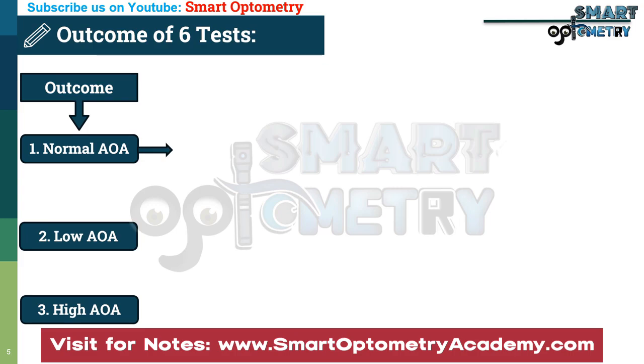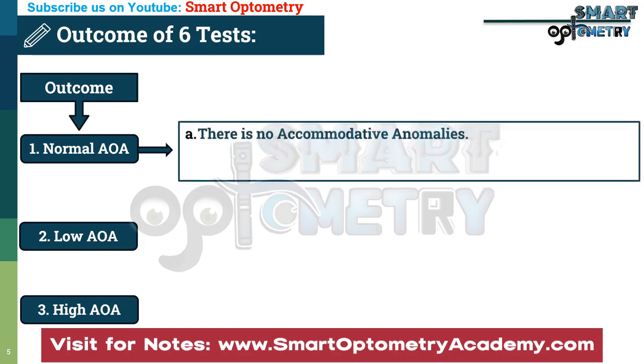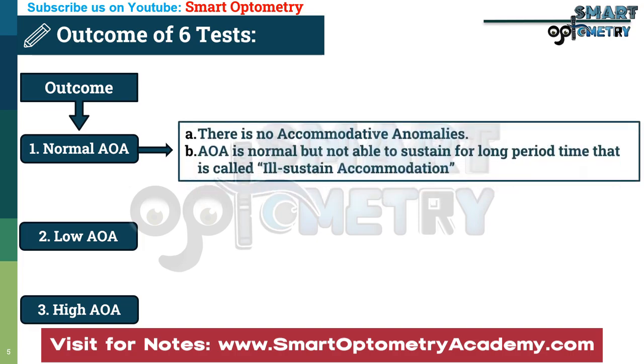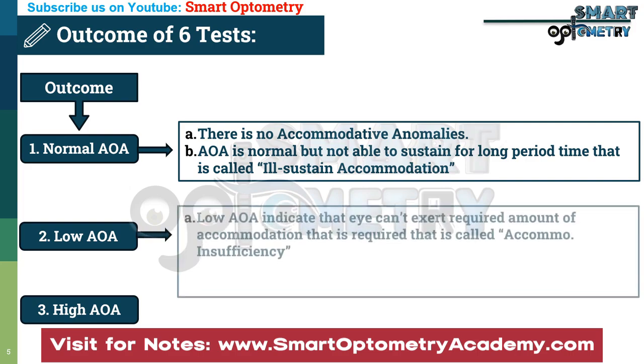1. Normal amplitude of accommodation. When amplitude of accommodation is normal, there are 2 possibilities. A. There is no accommodative anomaly. B. Amplitude of accommodation is normal but not able to sustain for a long period of time, that is called ill-sustained accommodation. 2. Low amplitude of accommodation. When amplitude of accommodation is low, there are 2 possibilities.